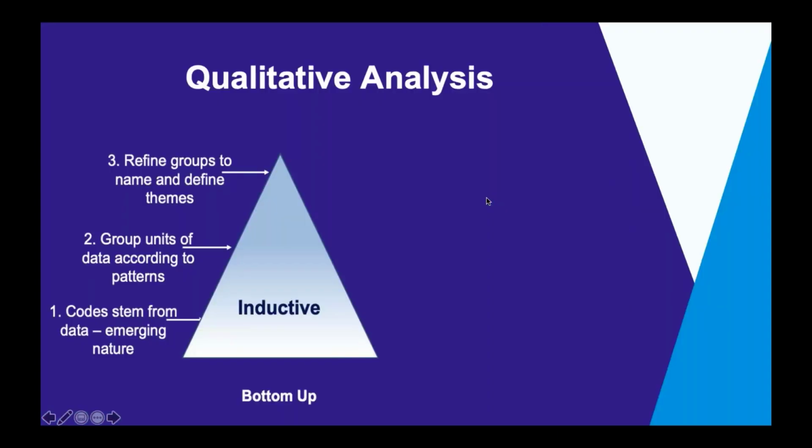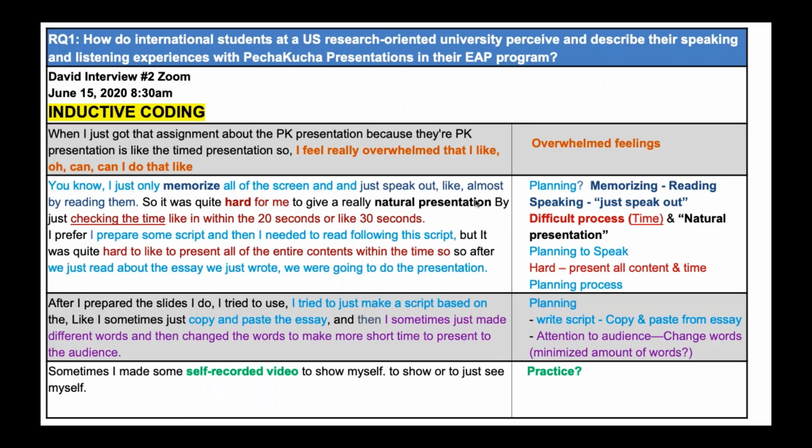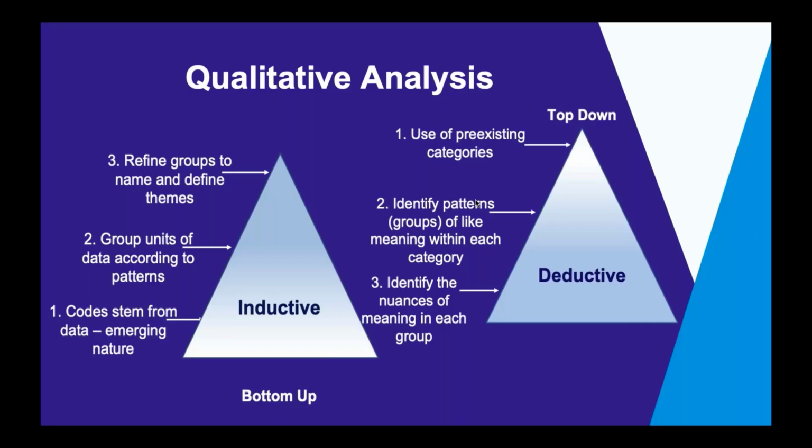All right, our next type of analysis is the top-down deductive analysis. This means we start with pre-existing categories. For example, if you're using a theory or a model to analyze the data, that's called deductive analysis. And that will go through the same process in step 2: we identify the patterns within those categories, and we group them with like meaning.